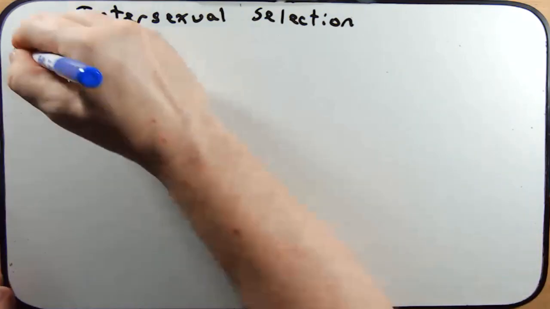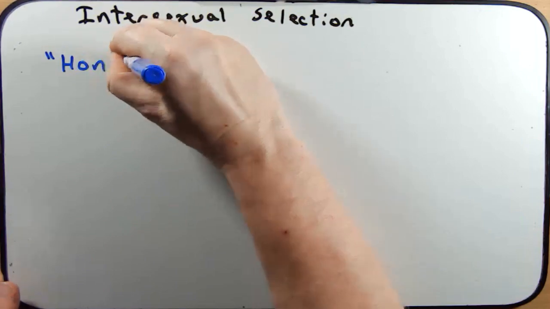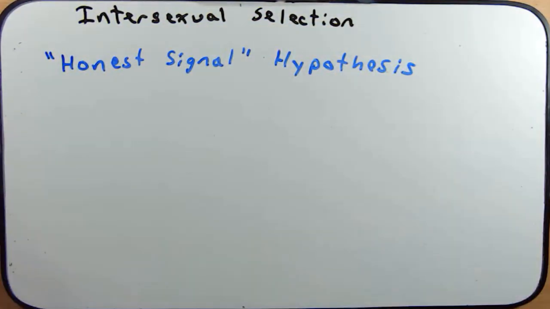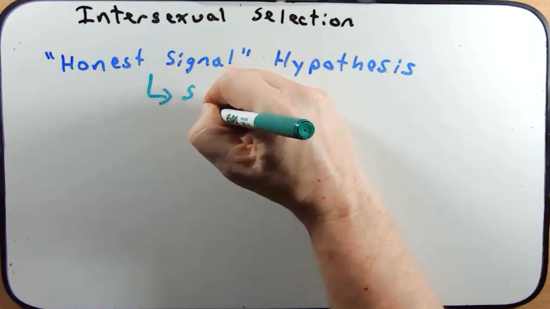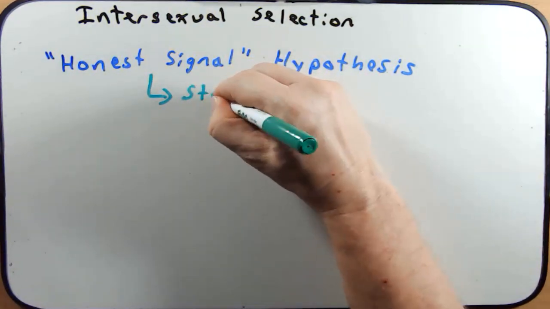There's this hypothesis that we call the honest signal hypothesis. And what this hypothesis states is that these honest signals state something about the health and genetic quality of the male.